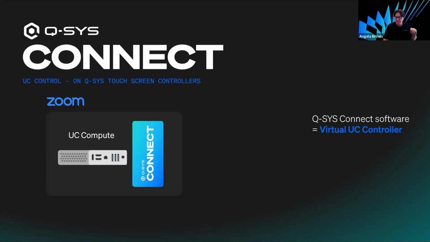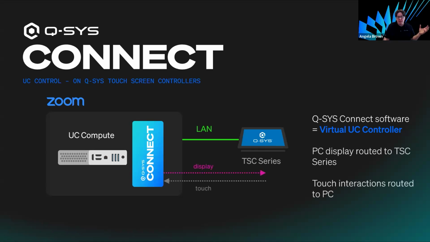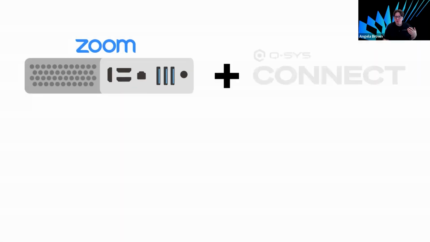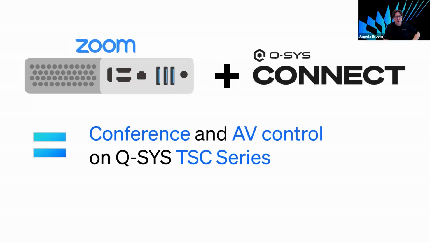It sends that PC display to a Q-SYS touch panel, and then sends all the touch data back to the UC compute. So all of a sudden, we're actually running everything and controlling everything on the Q-SYS side, which is, I think, like I said, kind of burying the lead to me. So Zoom plus Q-SYS Connect is all of your control and everything is on a Q-SYS TSC touch panel.